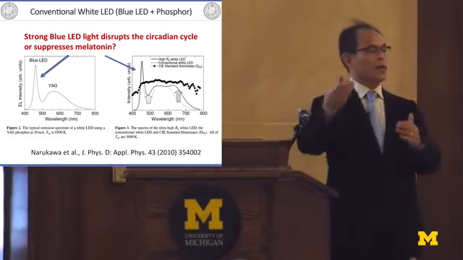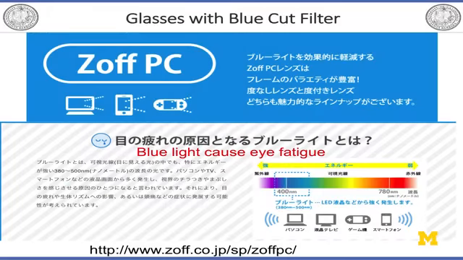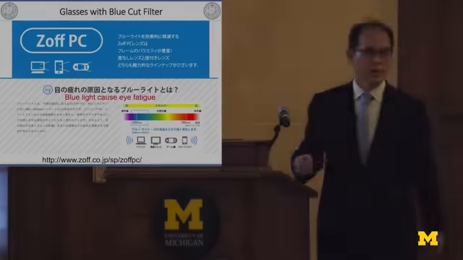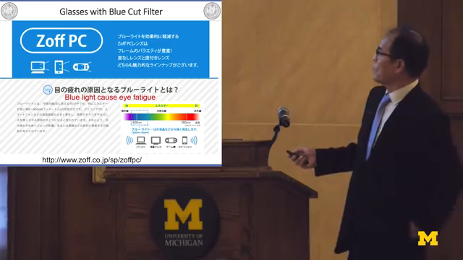People cannot sleep under strong blue light. This problem was found a couple of years ago in Japan first, and in Japan now special glass is popular. This glass has a blue cut filter, because blue light causes all kinds of eye fatigue, and because of melatonin, these people cannot sleep. And all of that blue comes from this one.